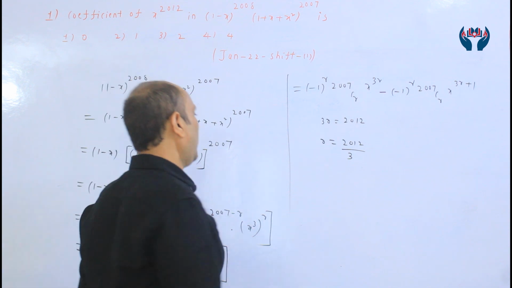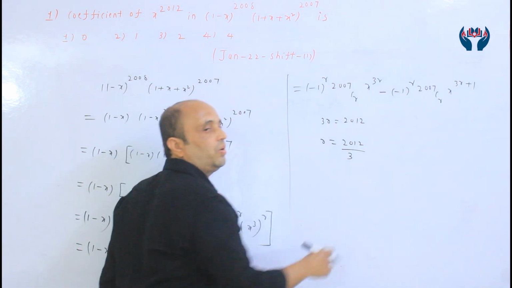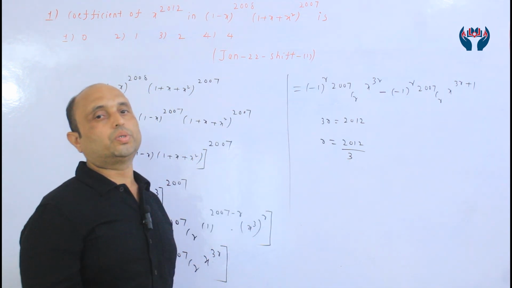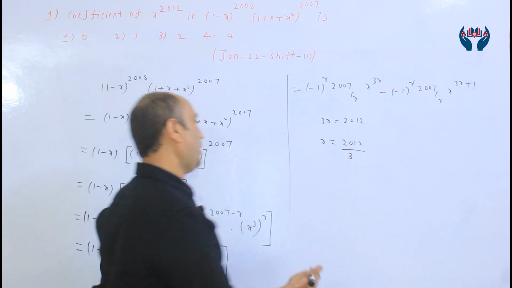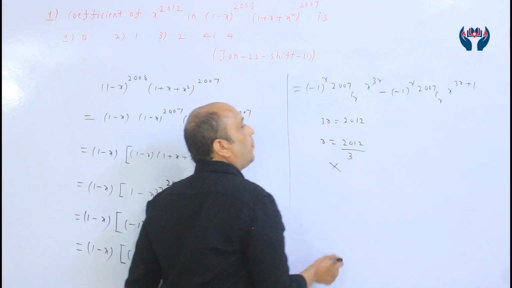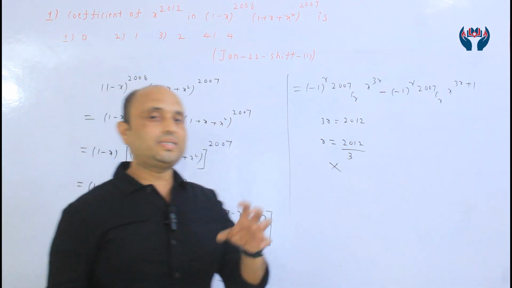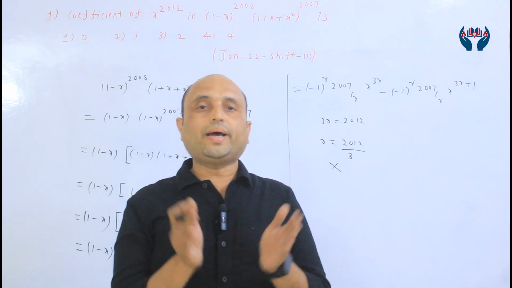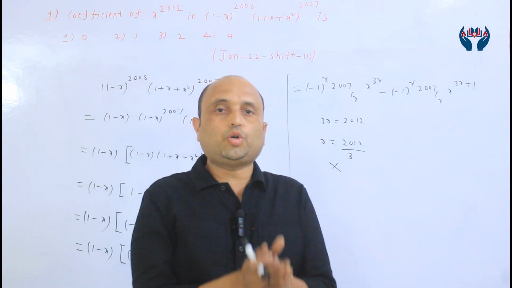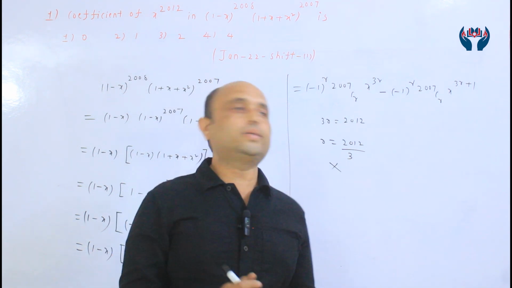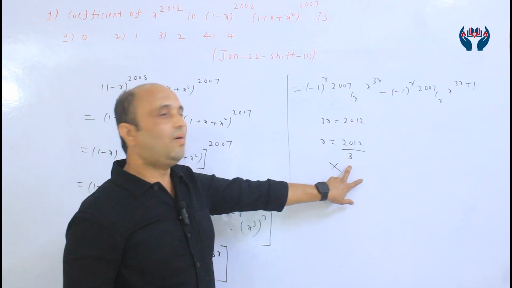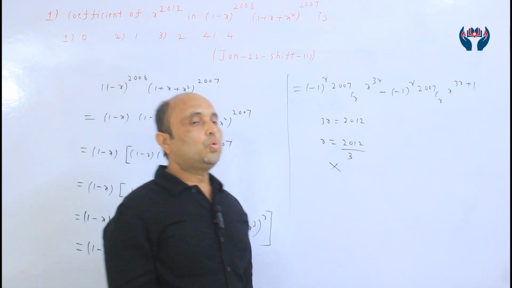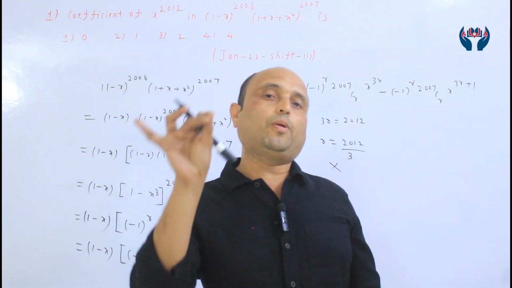So we will get the r value as a fractional value, and that does not exist, because in the general term T(r plus 1), r should be an integer, a natural number. That's why this does not exist, because 2012 is not a multiple of 3.